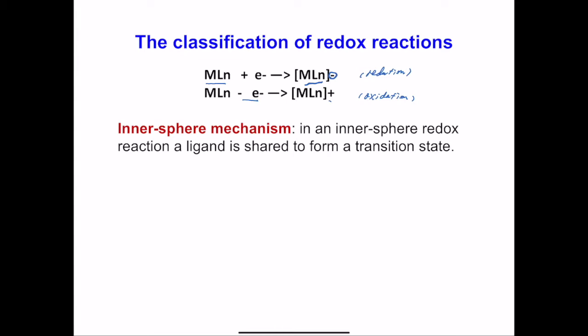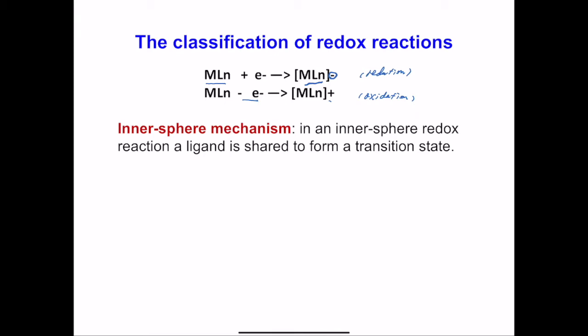This reaction can adopt two different mechanisms. The first one is the inner sphere mechanism. When you reduce or oxidize your compound by one electron, the reaction occurs with a bridging ligand that is bound to your transition metal compound and also bridged to the reductant or oxidant.